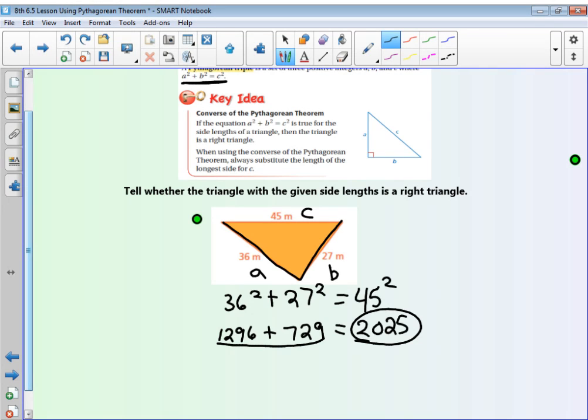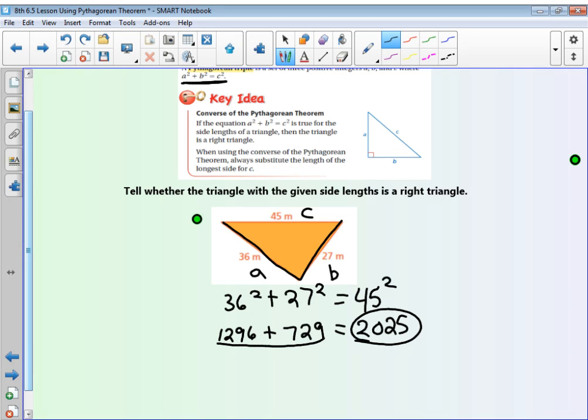If it does, then yes, this is a right triangle because it meets the qualifications for the Pythagorean Theorem. If it doesn't, then this would not be a right triangle, even though it looks like it. That right angle could be like an 89, or an 88, or a 91 degree angle. So I'm going to check 1,296 plus 729.